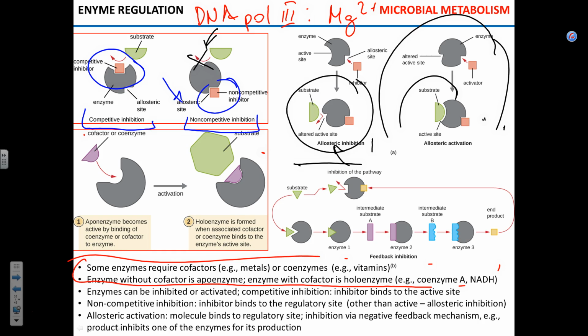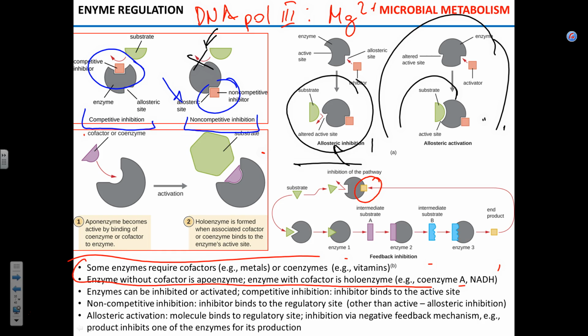Moreover, in some cases, the product of an enzymatic reaction can be an allosteric inhibitor. Look at this system step by step.